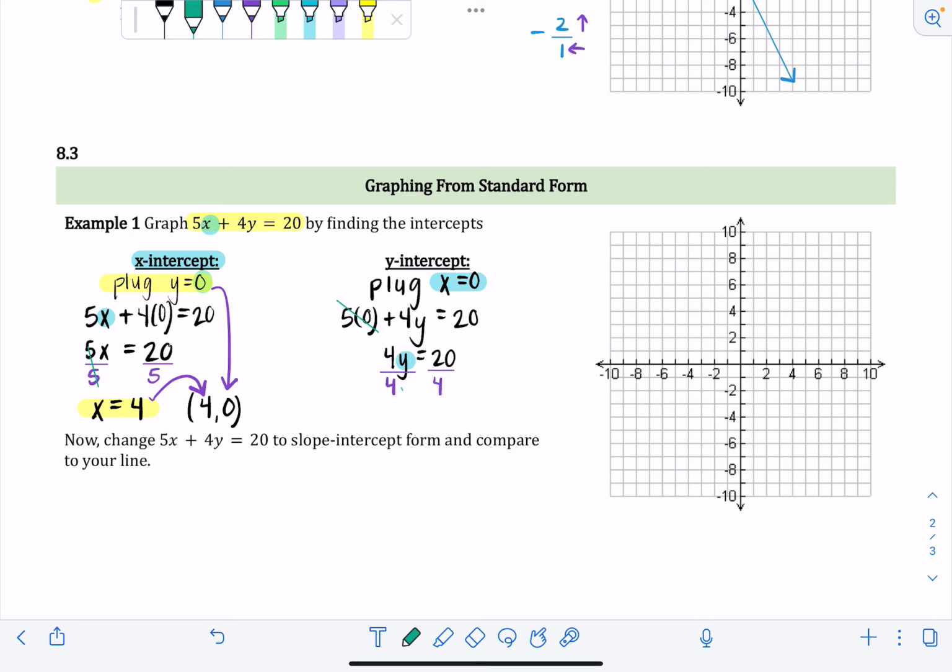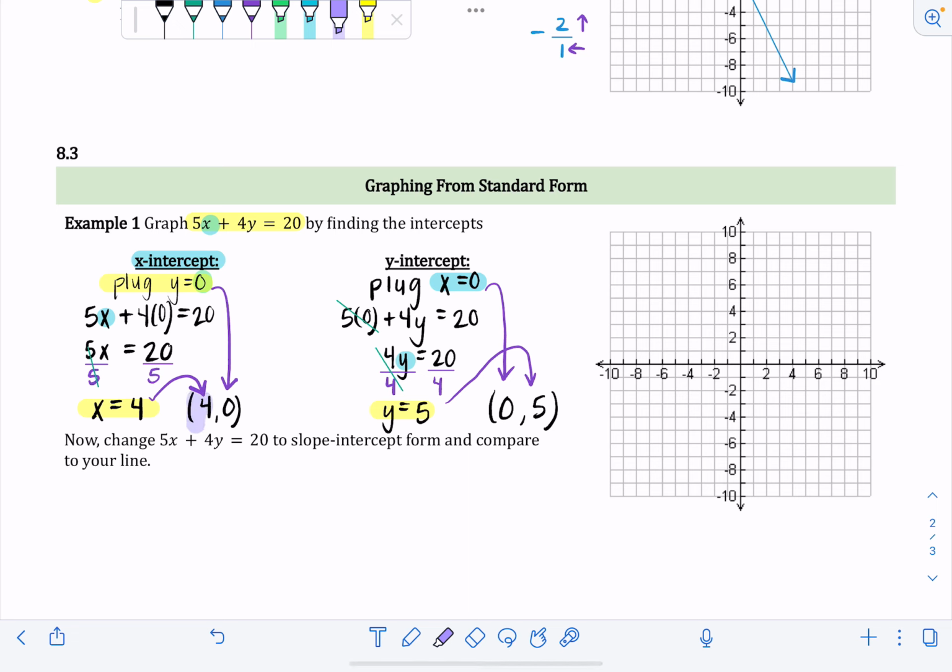And then 4 divided by 4, that cancels out, and I'm left with just y equals 20 divided by 4, so 5. And then from that, I have a point where the x coordinate is 0, because I put in x equals 0 to get it, and then the y coordinate is 5, because I got out y equals 5.